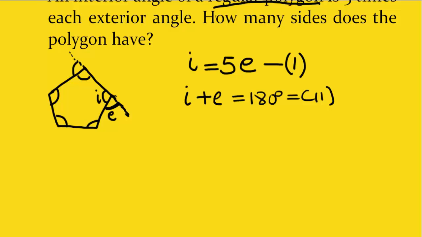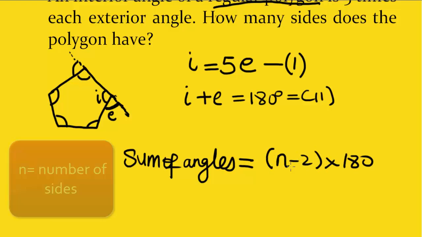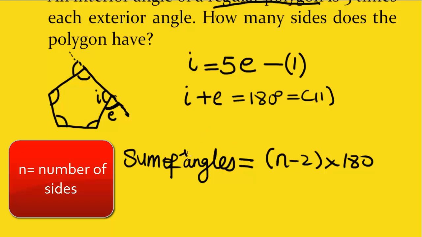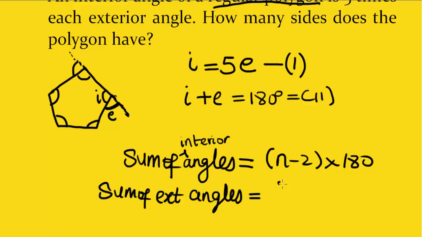Well, the equation is the following, which tells you that the sum of the interior angles of a polygon is equal to n minus 2 times 180, where n is the number of sides the polygon has. Another equation you should know is that the sum of exterior angles must be equal to 360 degrees.